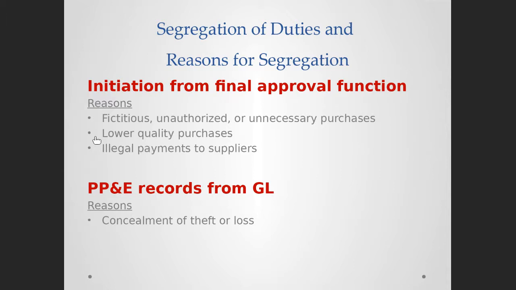If somebody orders computers from somewhere other than Lenovo and it goes through approval, they could ask, why are we buying from someone else? Does Lenovo not have the computer you're asking for? If they do, then we need to buy from them because they give us a better price and quality. So it reduces the possibility of lower quality purchases. Also, it reduces the possibility of illegal payments to suppliers. If there is an arrangement with the supplier to make extra payments, it will be caught because it's done by two different departments, two different sets of individuals.